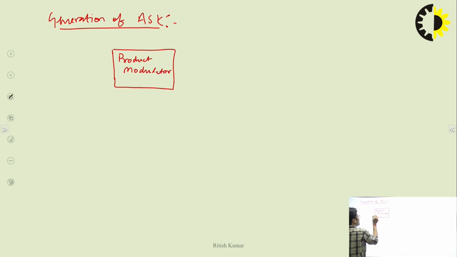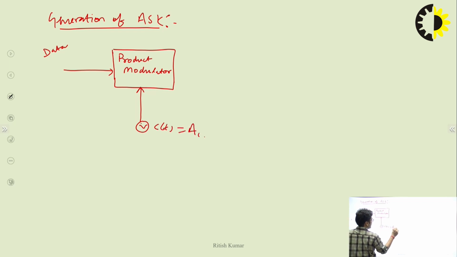In the product modulator, first we need to take the product of the data with a simple carrier signal, that is Ac cos 2 pi fc t. The data could be in binary form, such as 1 0 1 0.